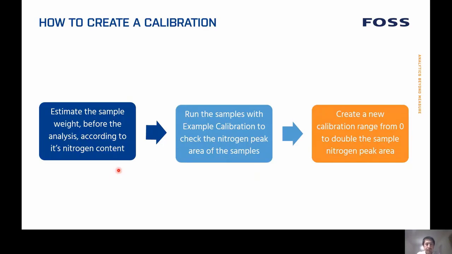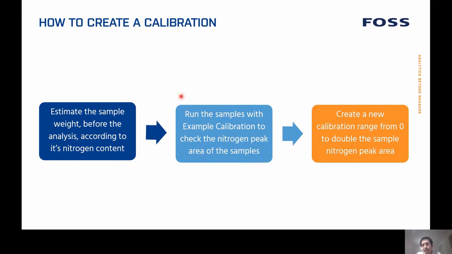It's about calibration. So this is the way you can create a calibration. The first way is you estimate the sample weight before the analysis according to the nitrogen content. Then you can run the samples with the example calibration to check the nitrogen peak area of the sample.